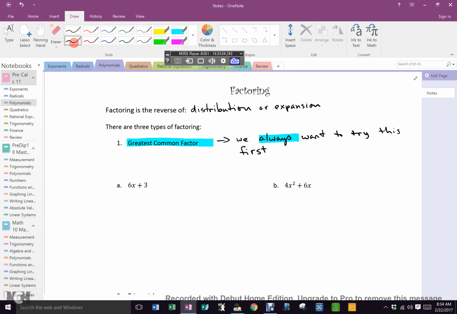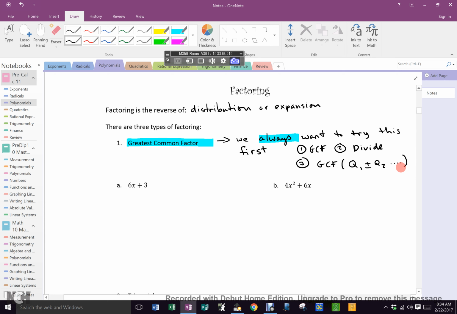And GCF factoring is always the same thing. One, you decide on the GCF. Two, you divide. And three, you write the answer as such: GCF, bracket, and then all the quotients that you got. Quotient 1, quotient 2, and so on.